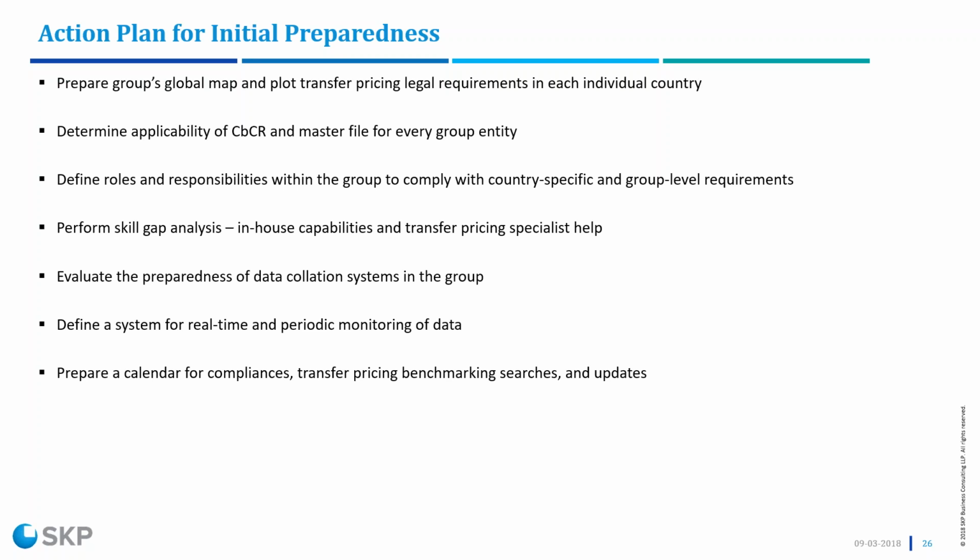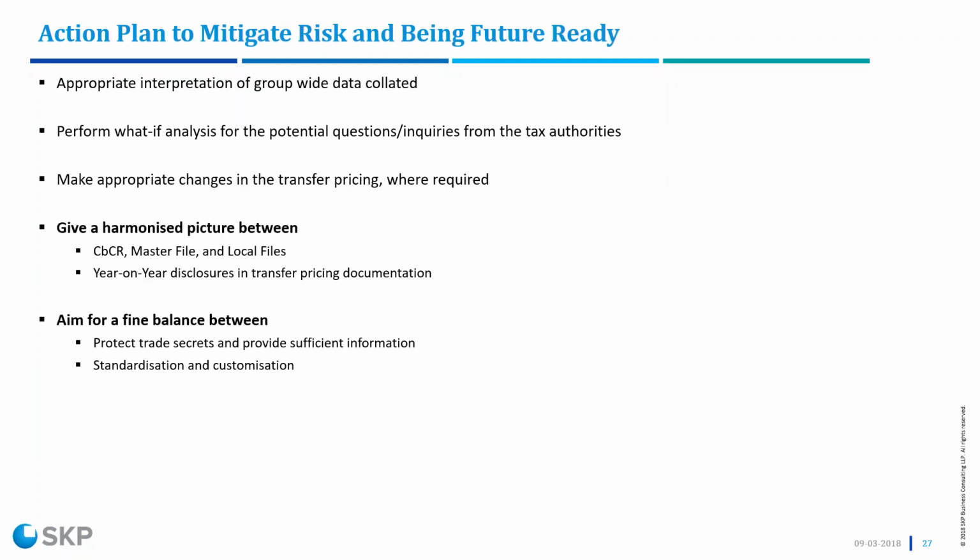If one can anticipate what all questions the tax officers are going to ask, and do a what-if analysis for the potential questions, that would be really good. And one needs to give a very harmonized picture between the country by country report, the master file, and the local country documentation, and see how the data and the details that are presented are much more integrated.